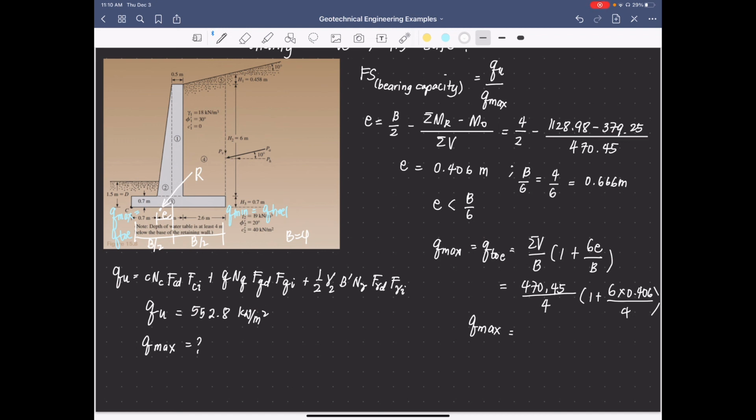So the required factor of safety is 3, and this is about 2.9. So somehow it could be considered as safe, or if you want to redo your calculation to have a factor of safety greater than 3, it's okay. But this, I can say it is still safe. Okay, so that is how you calculate the bearing capacity factor of safety.